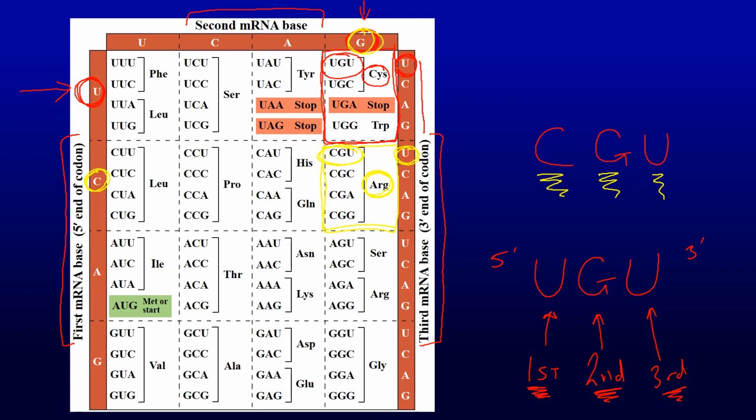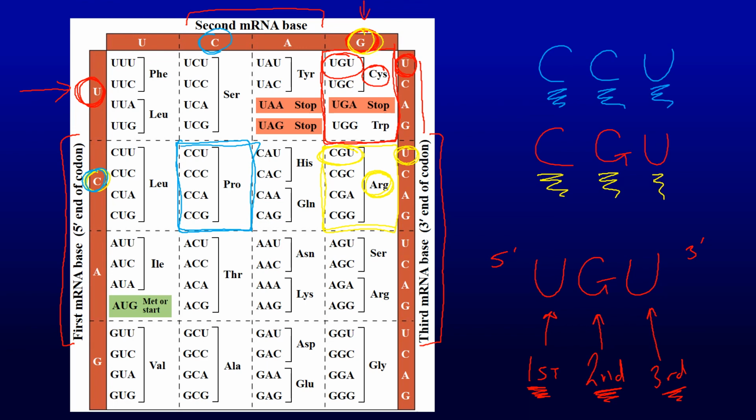All right, we'll do our last example then, and I'll choose a different color. Let's go with that nice teal. So we're going to take the codon CCU. All right, here's our first one, C. Here's our second one, C. That puts us in this box here.